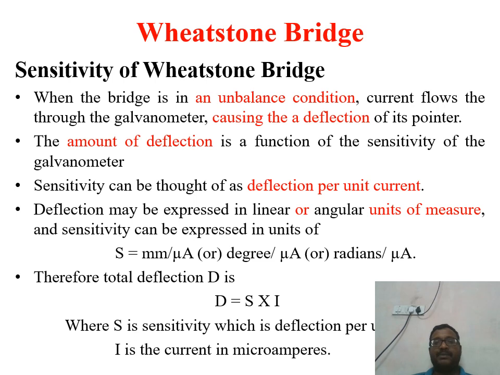The amount of deflection is a function of the sensitivity of the galvanometer. The sensitivity is equal to the deflection divided by the current. This is the procedure for calculating the sensitivity of the bridge.